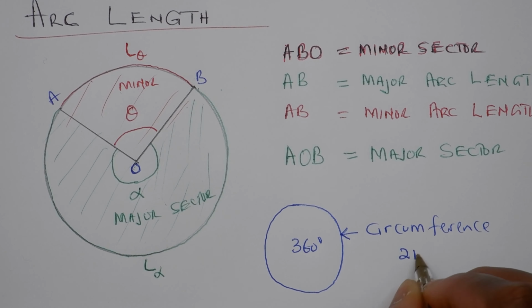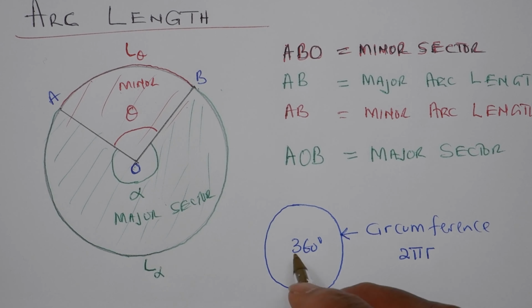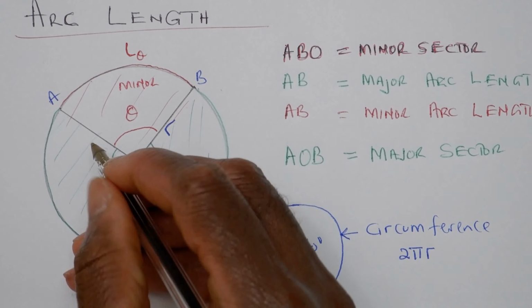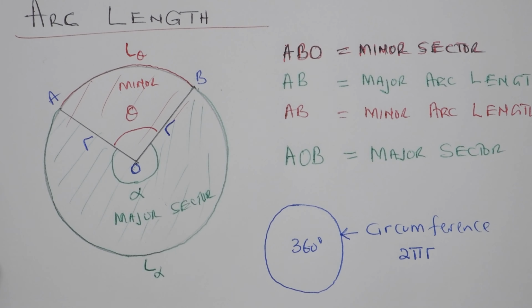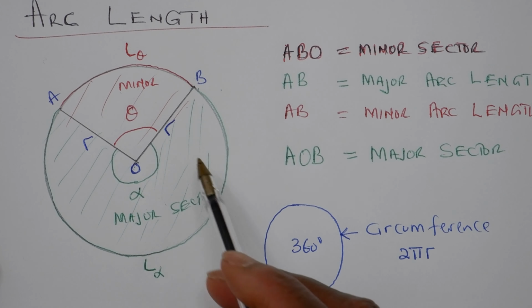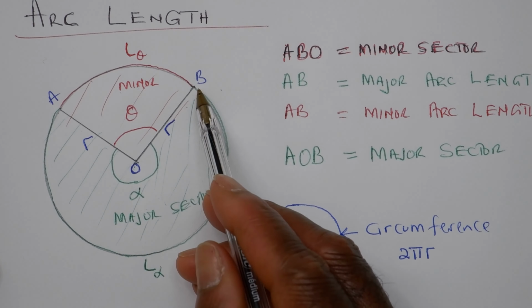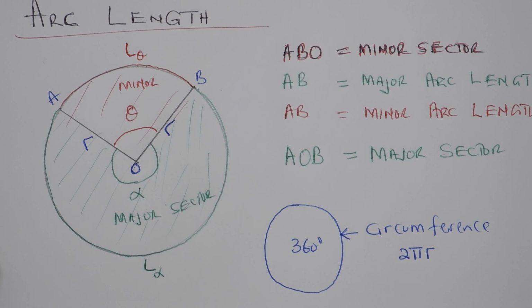So that's 2 pi r created at 360 degrees. Here r is the radius. Any distance from the center to any part of the circumference will be a radius.